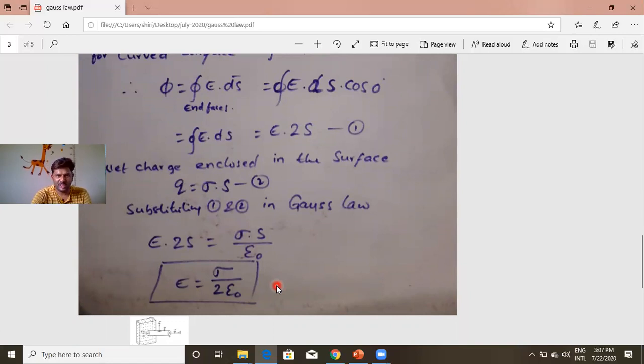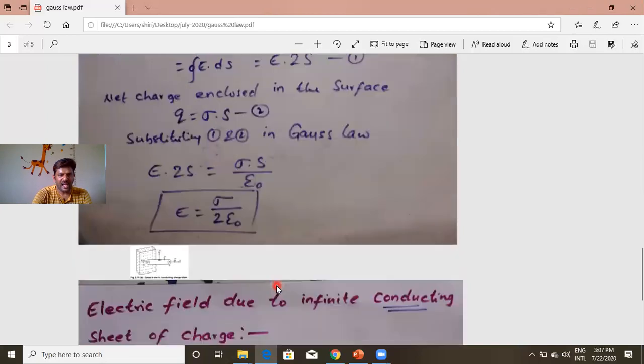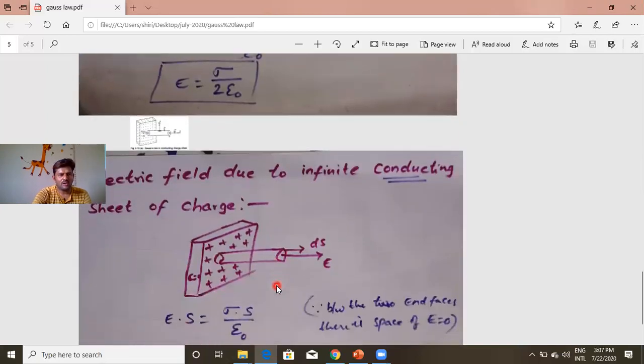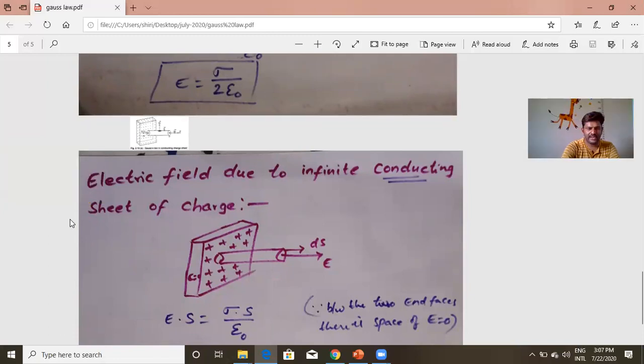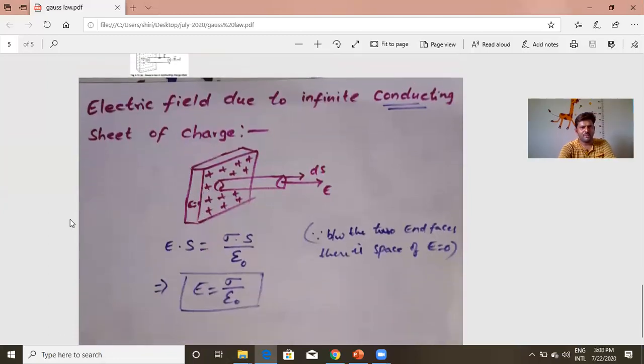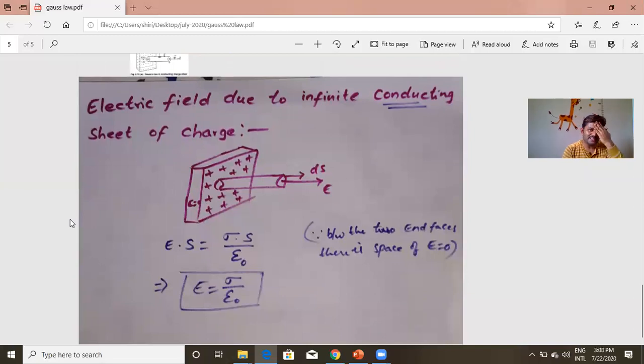This is the second application, and we need to see one more application which is similar to this application, that is the electric field due to an infinite conducting sheet of charge. There is a slight difference between the earlier application and this one.